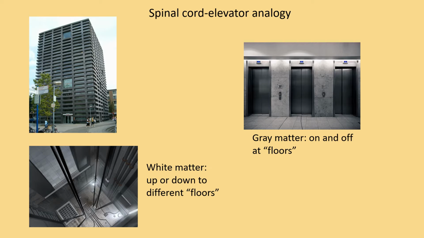And if you want to get off on a particular floor, you'll have to exit the elevator. So the elevator shaft is analogous to the white matter tracts in the spinal cord. And then the doors, where you get on and off the elevator, are analogous to the gray matter that connects to spinal nerves.